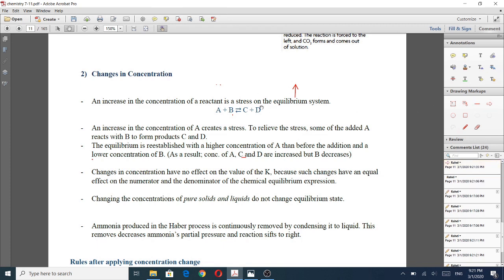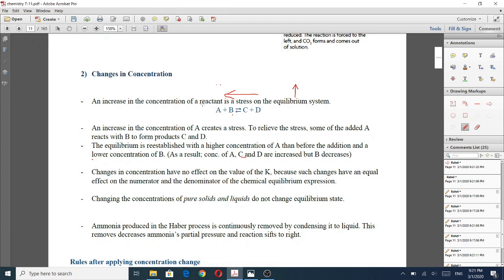All right, what happens to the concentration of C, B, and A? By increasing concentration of D, you are increasing concentration of A and B. Why? Because the direction of the shift will be to the left.